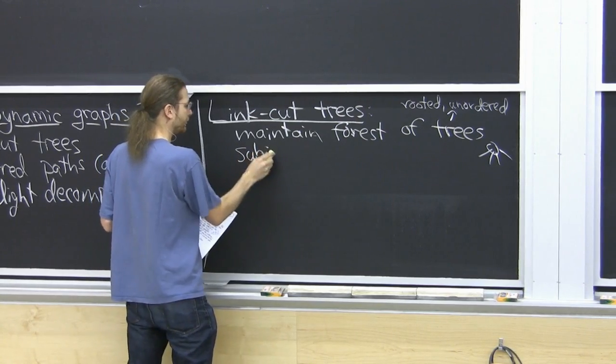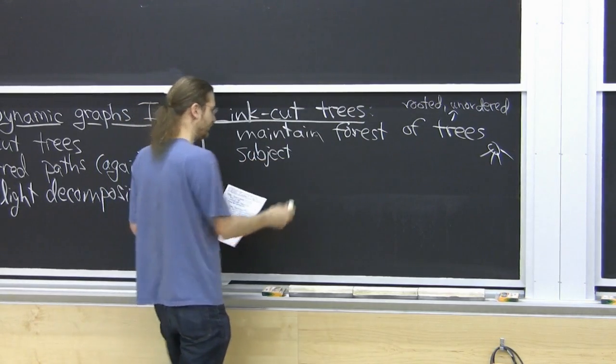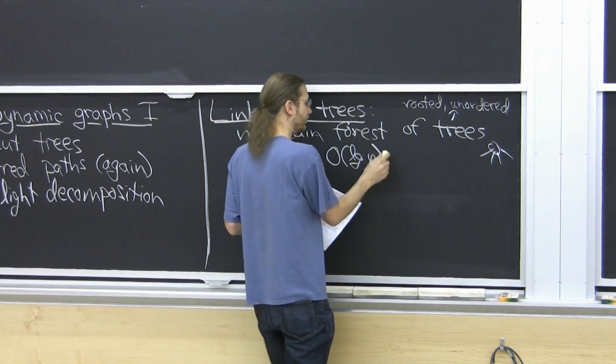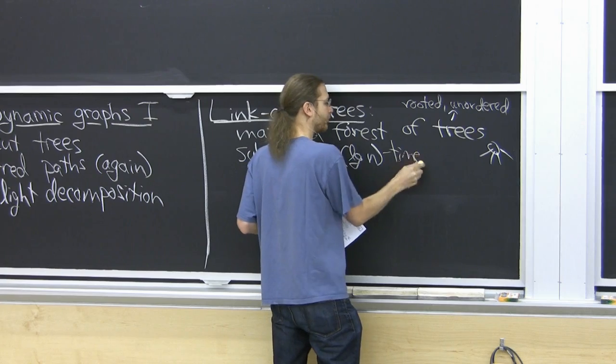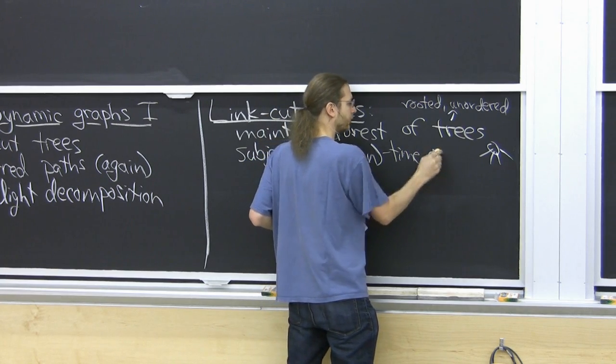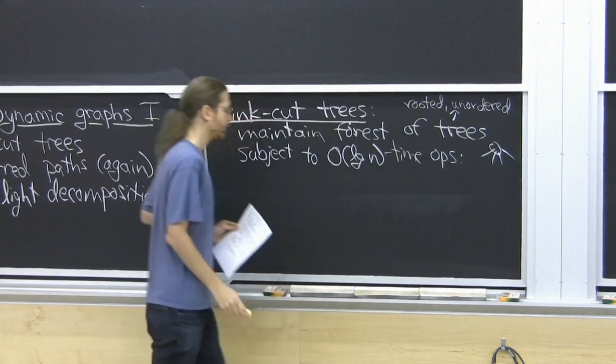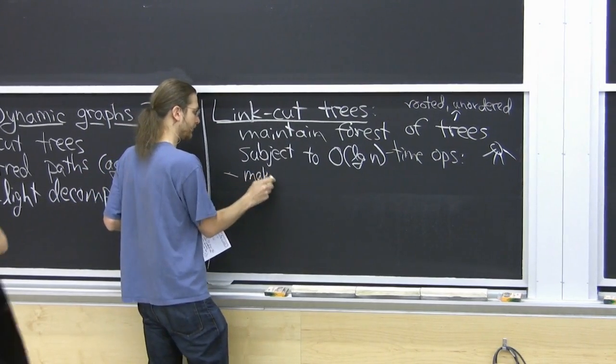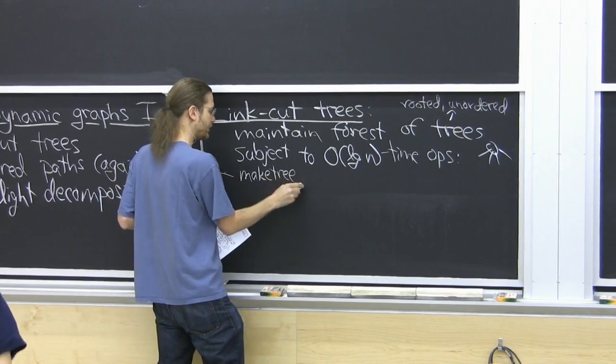And we have a bunch of operations we want to do, basically insertion and deletions of edges and some queries. And we want to do all of those operations in log n time per operation. That's the hard part.